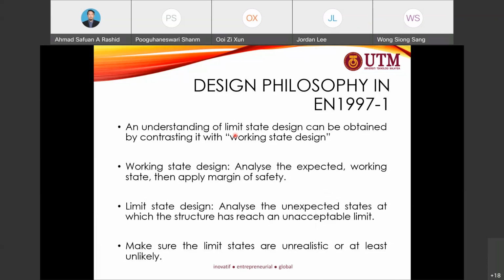Limit state design analyzes the unexpected states at which the structure has reached an unacceptable limit, then makes sure that those limit states are unrealistic or at least unlikely. So that is the design philosophy in Eurocode 7.